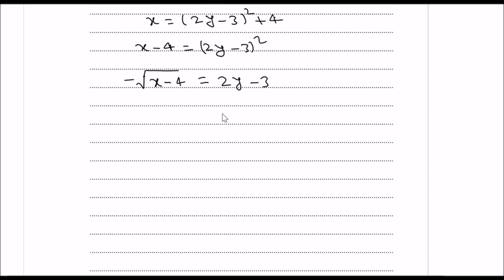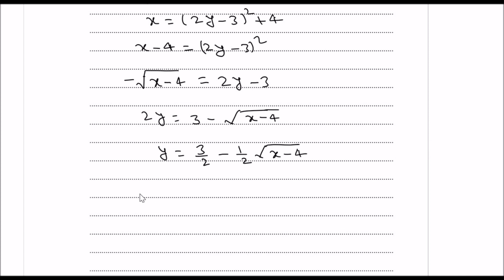Now we can write 2y = 3 − √(x − 4). Now we have to solve for y: divide by 2, so 3/2 minus 1/2 times √(x − 4).